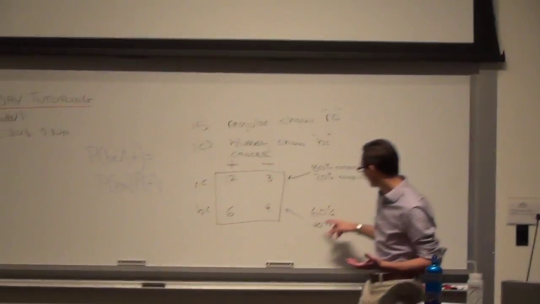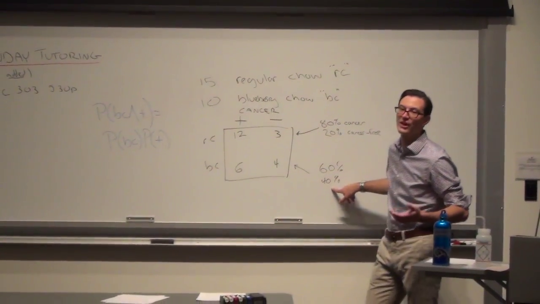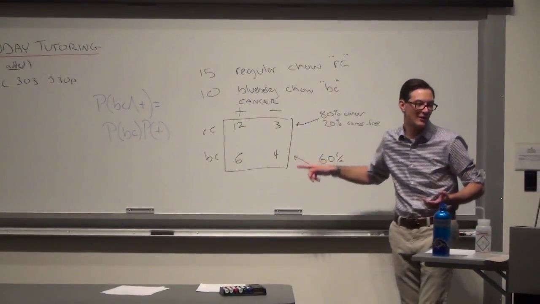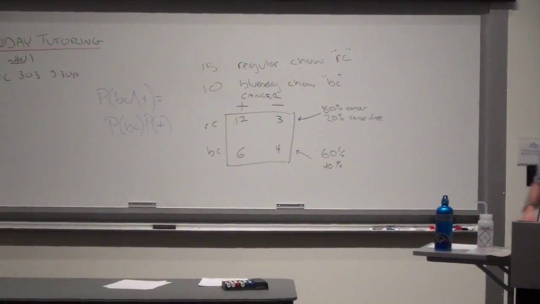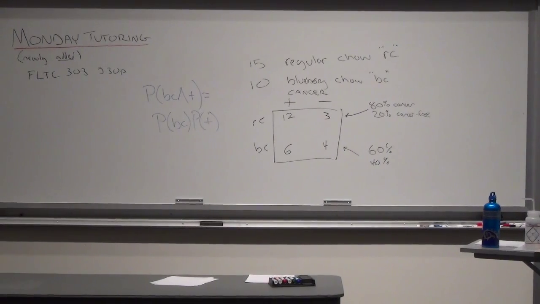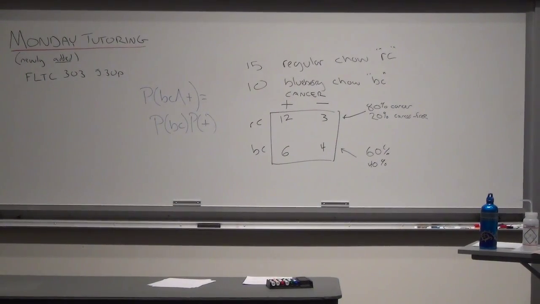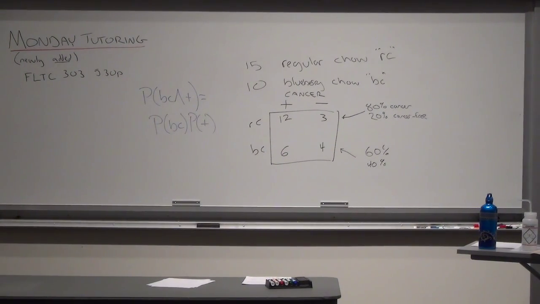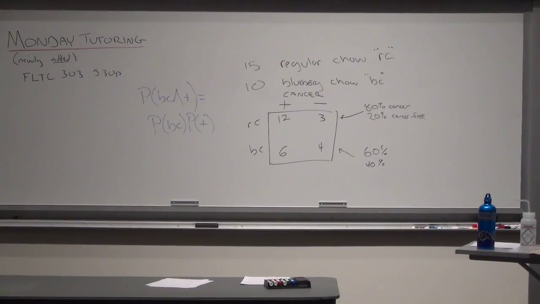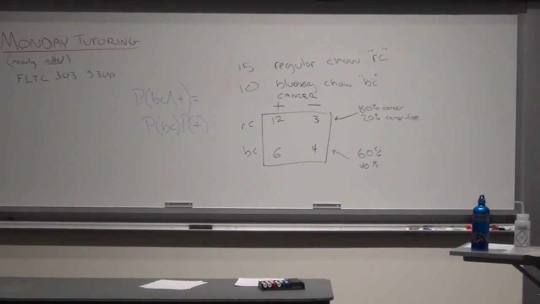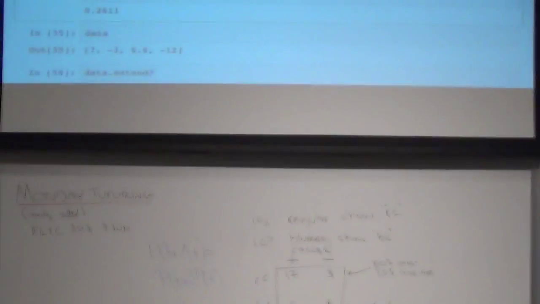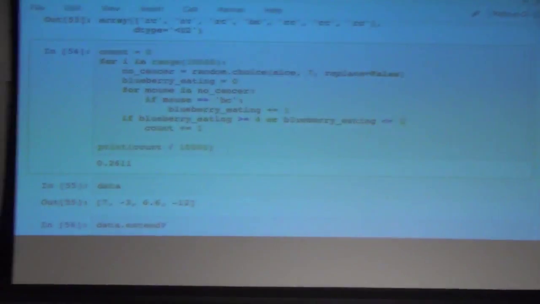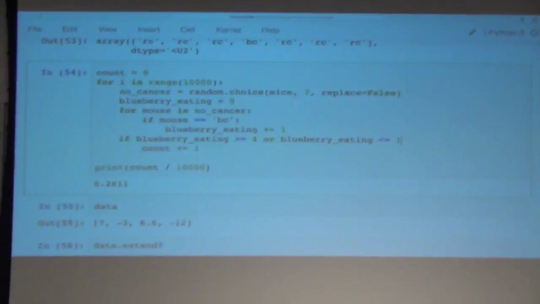And so, if this weird is either twice the cancer-free rate or half the cancer-free rate, what we need to do is go back and say, we're interested if the blueberry eating is 40% of the 10 mice that ate blueberries, or less than or equal to 10% of the mice.